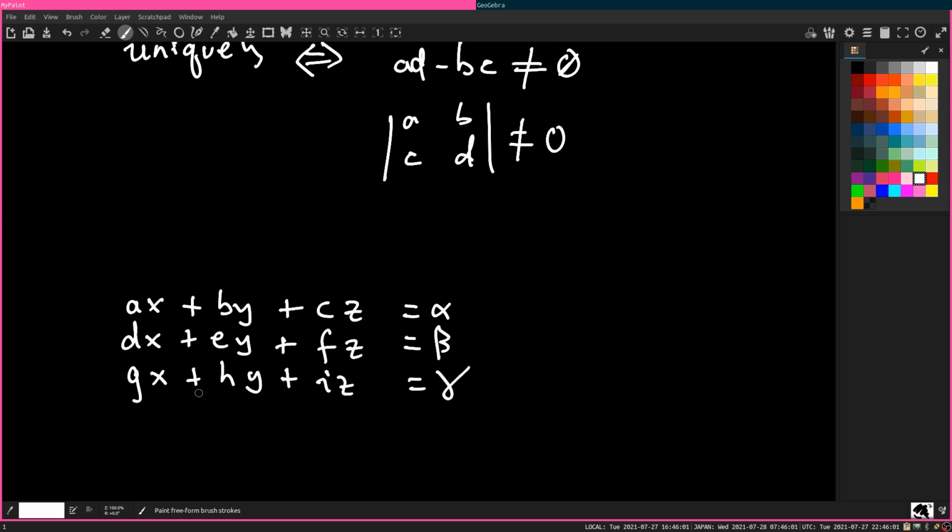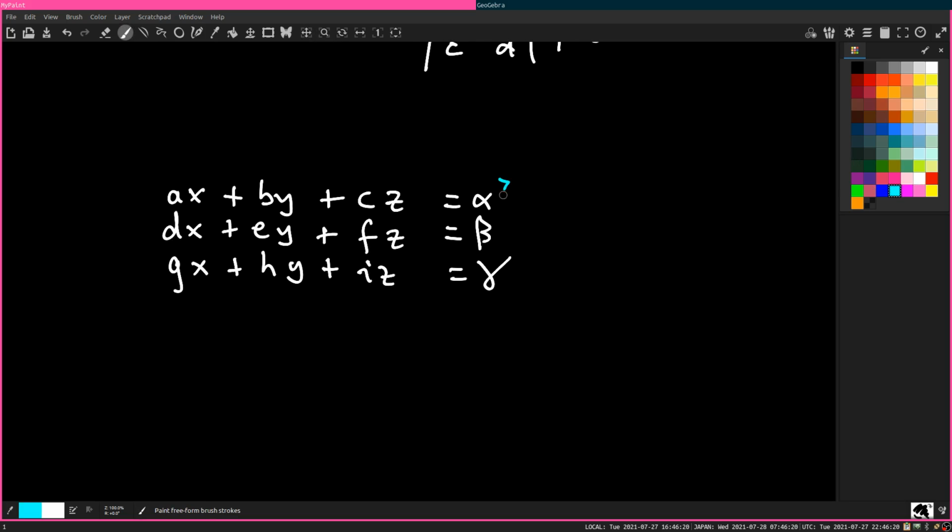But what I want to do is try to port this logic about the two lines meeting, whether or not they meet, into a higher dimension, because there's a little bit more going on here.